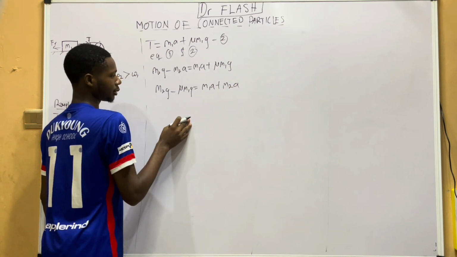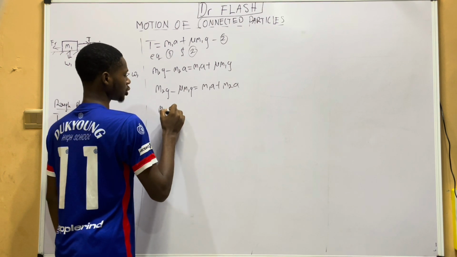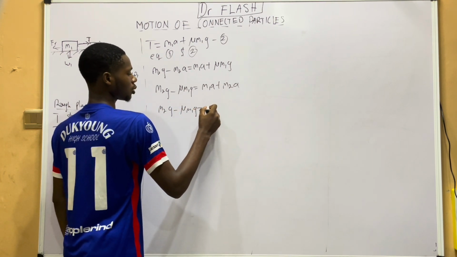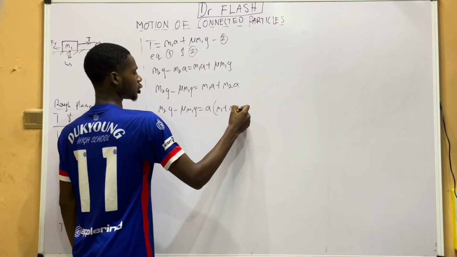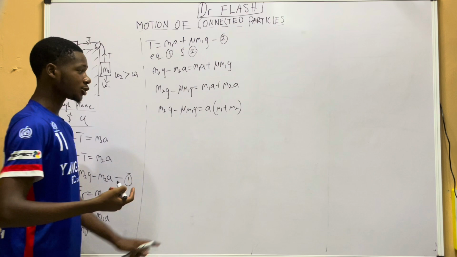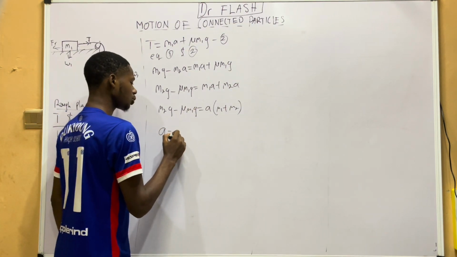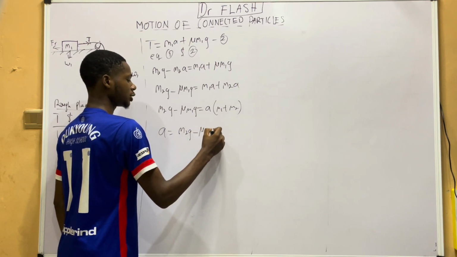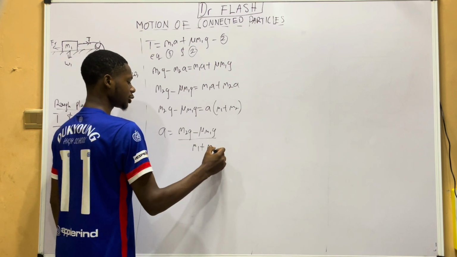Factorizing out a from this side, we have m2g minus mu m1g equals a into brackets m1 plus m2. Now we can divide both sides by m1 plus m2. I'm making a the subject, so I'm going to write a first. That's a equals m2g minus mu m1g, divided by m1 plus m2.